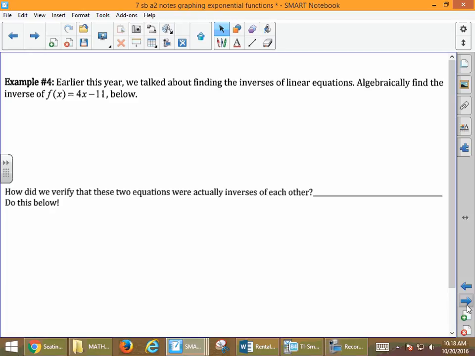We've talked about inverses before, and what's the process for finding the inverse of f of x equals 4x minus 11? Do you remember what the first step is? Well, the first step is that we're going to write f of x as y.